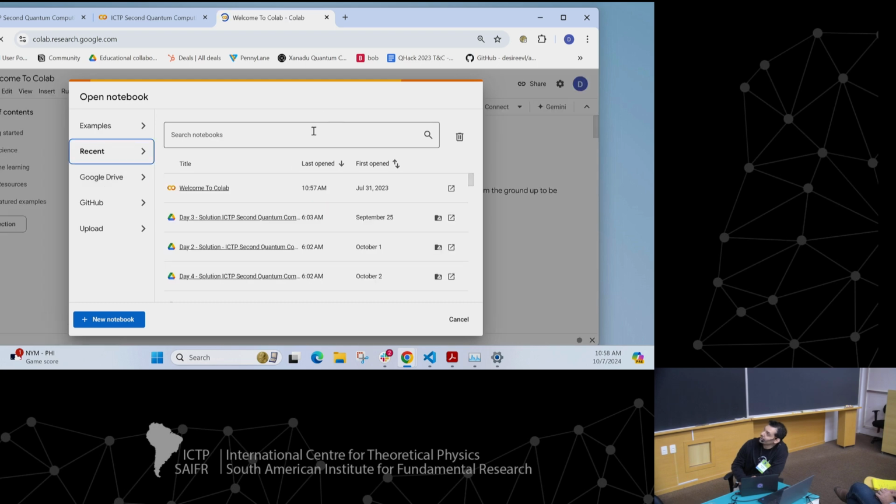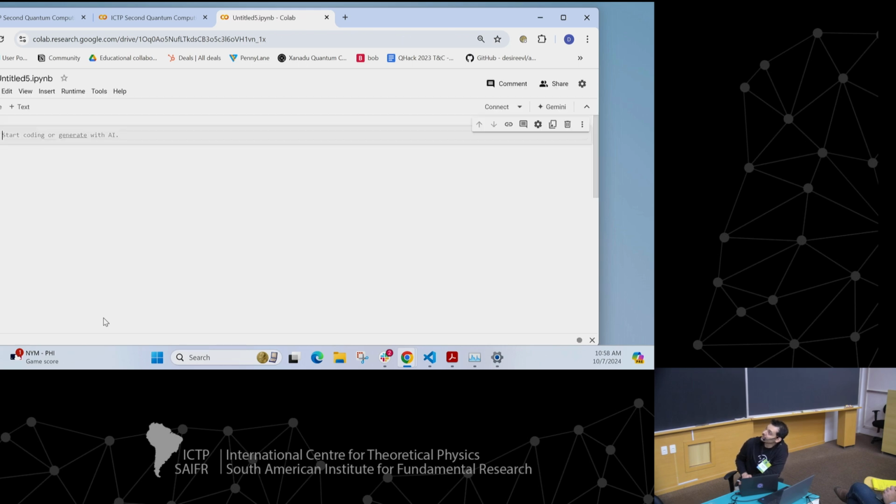If you click on that, you should get an interface that looks something like here. You can create a new notebook. You can upload the notebook that was shared with you. And you should eventually get something like this. If you open a new notebook, you will eventually get something that looks like that, okay?